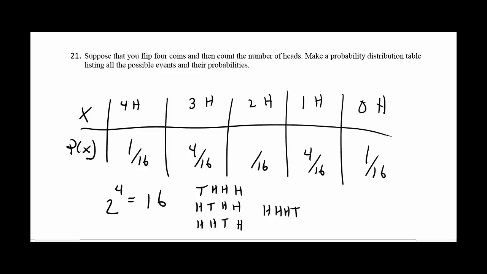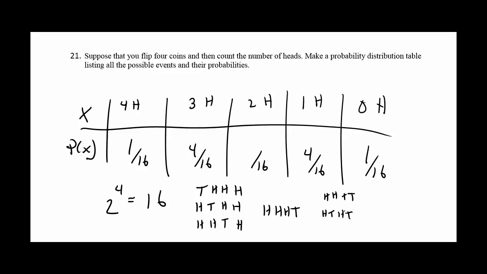Now at this point, rather than sit there and think creatively about 2 heads, where I could have the heads first, or an H and then a T and then an H, let's understand that all of this has to add up to 1. 1 over 16, 4 over 16, 4 over 16, all of those fractions have to add up to 1, or more specifically, the numerators have to account for 16 possibilities.